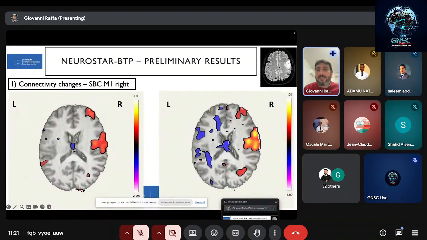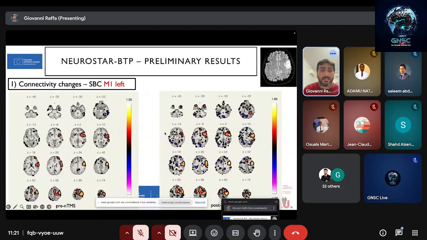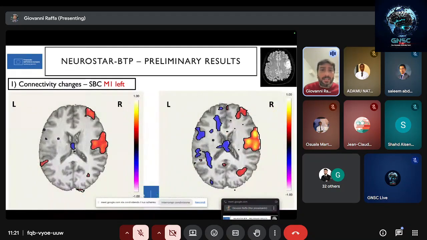Again, another case, low-grade gliomas involving the left M1. You can see here before and after. The tumor is here. You can see after stimulation there are very blue areas in the peritumoral region. That means that there is a reduction of the connectivity. It was significant. And again, same case, connectivity between the left M1 and the global brain.